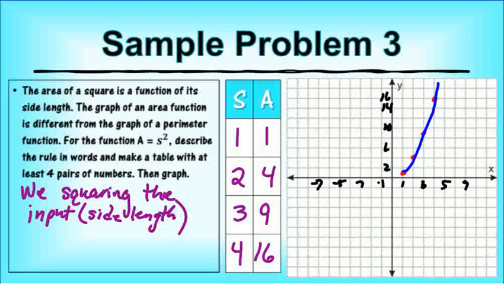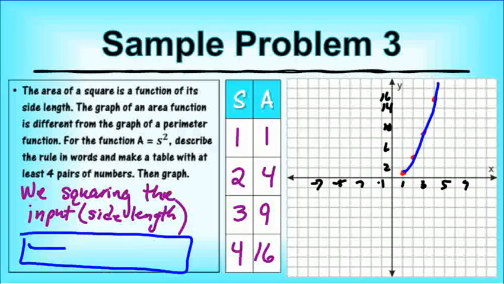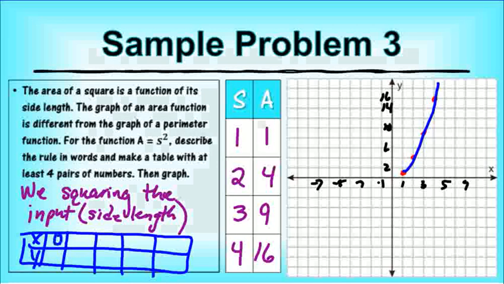If I put a 0 in for x, so I'm just going to continue my table down here. This is my x and this is my y. If I put a 0 in, I square the 0, I get 0. I'm going to put a point at 0, 0. If I have a -1 in for x, -1 times -1 is 1. So this would be -1, +1. If I put a -2 in there, -2 squared is +4.